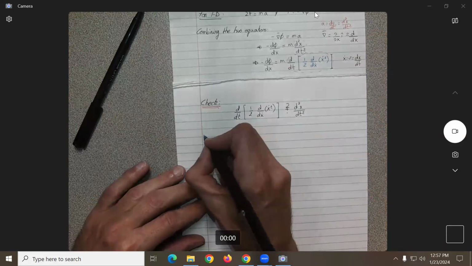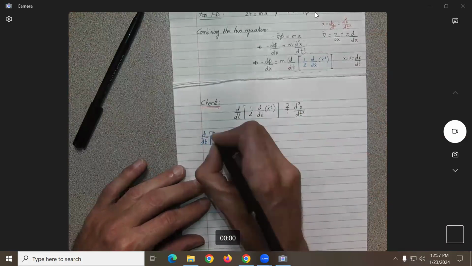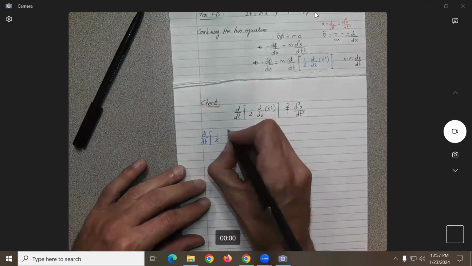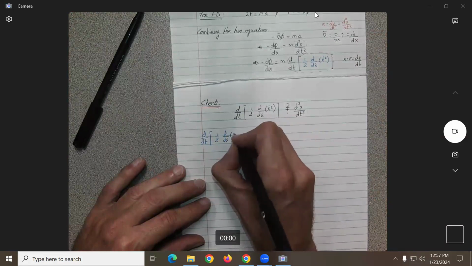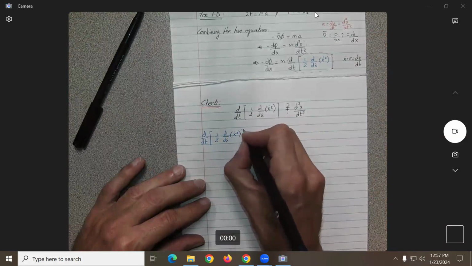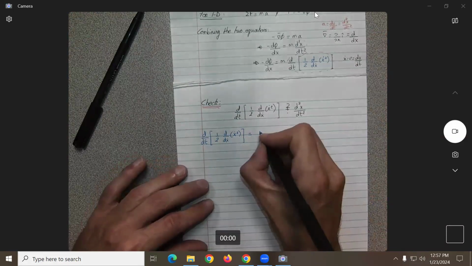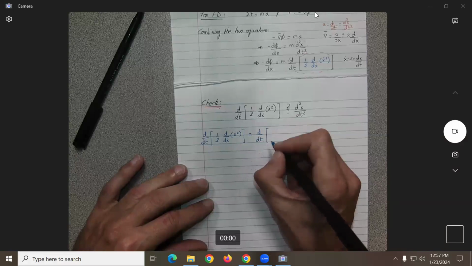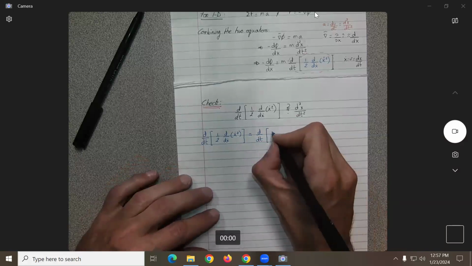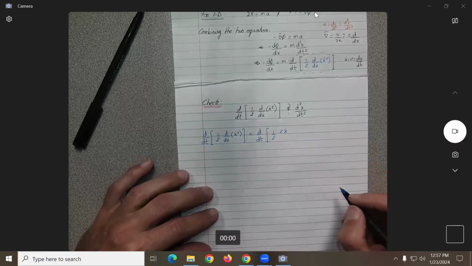So let's see. What should be d/dt of 1/2 d/dx dot x dot squared? Okay, so if we do the inside first, what are you going to get on the inside? One half of what? 2 x dot, no?